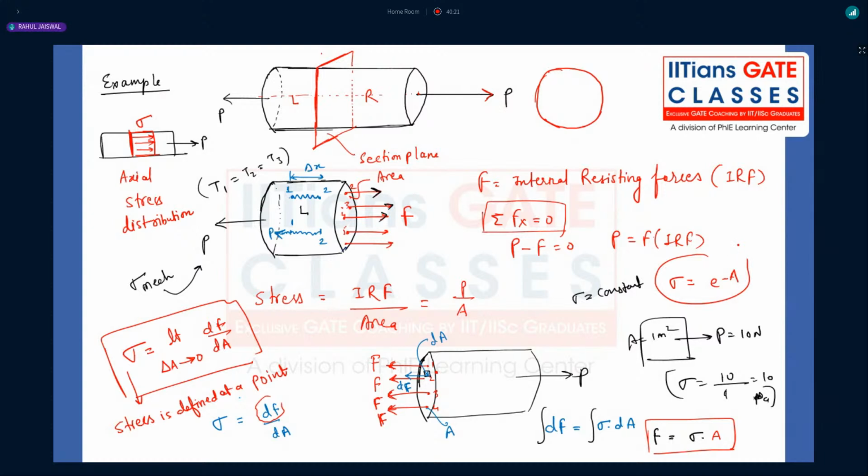Here, whenever we apply the load P, the axial, centroidal load, it will be a uniform axial stress distribution. Uniform axial stress distribution, right? Make a note of it.